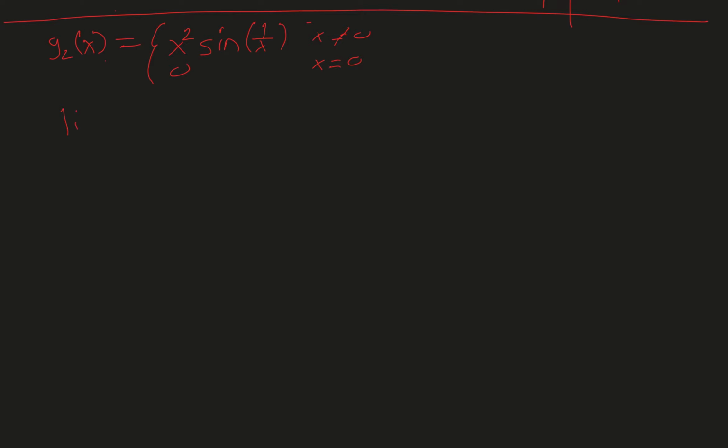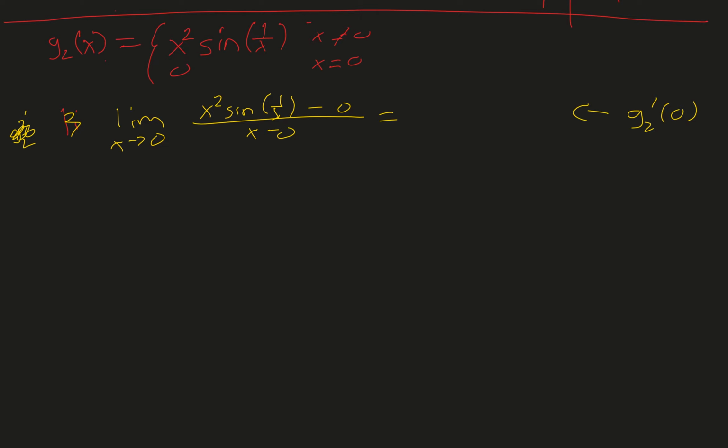We'll ask for, let's go for a bit of a different color there, the limit as x approaches 0 of (x squared sin(1/x) minus 0) over (x minus 0), and remember this is g2 prime of 0.